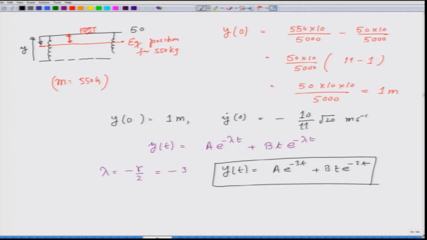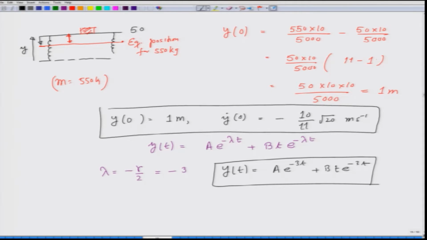And I also have these two initial conditions, and therefore, I can solve for the motion. So, y0 is equal to 1, which is going to be equal to a, that is it. So, this gives me a is equal to 1, and y dot at 0 is going to be minus 3a plus b, and the third term is going to be 0, and this is equal to minus 10 over 11 root 20, which comes out to be about minus 4.